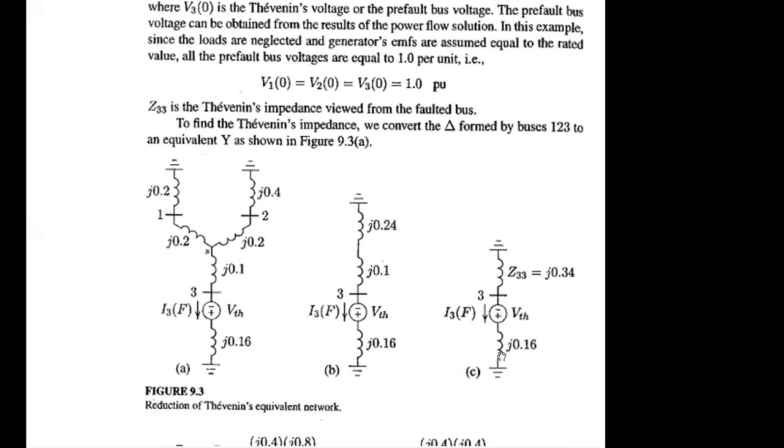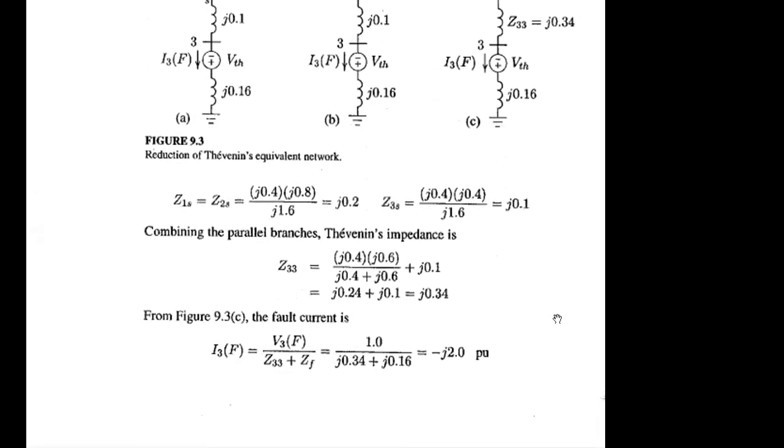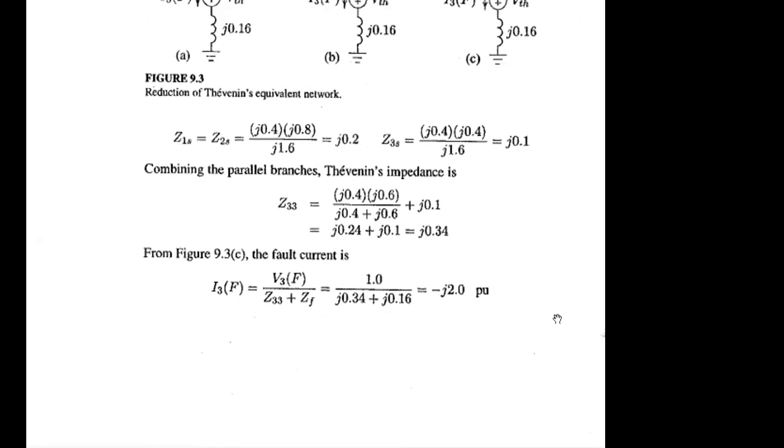Yes, sir. If it is okay, we may proceed further. Z33 will give you the idea of fault current in terms of this bus 3 during fault F. So we can find the I3 current.